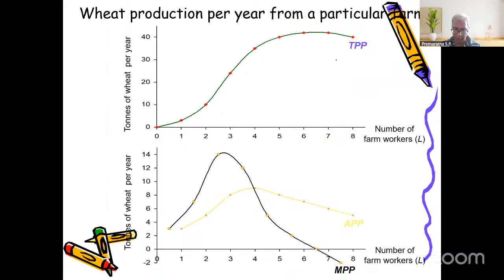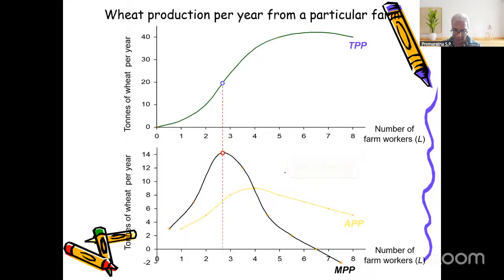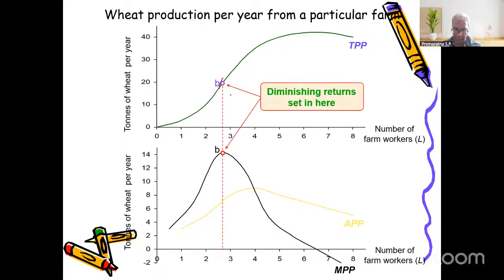After that, negative. With that, the link or relationship between these curves: you can see here the maximum slope at point B. So there the diminishing return starts. You can see the negative slope of the marginal product curve.